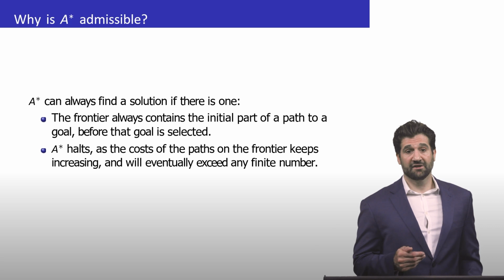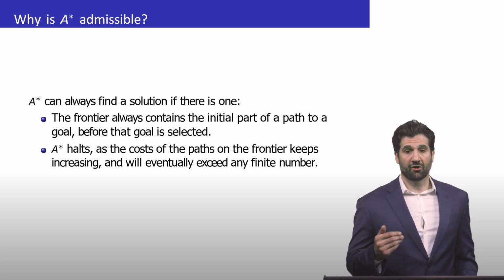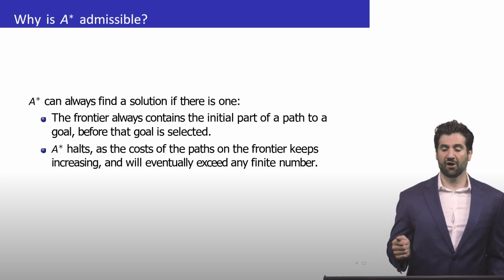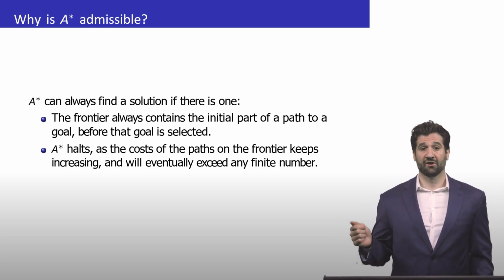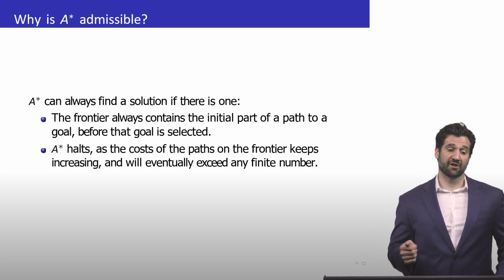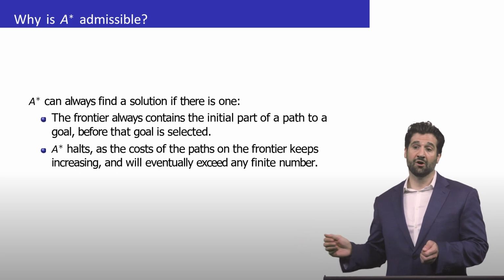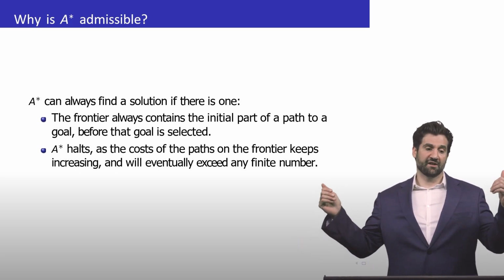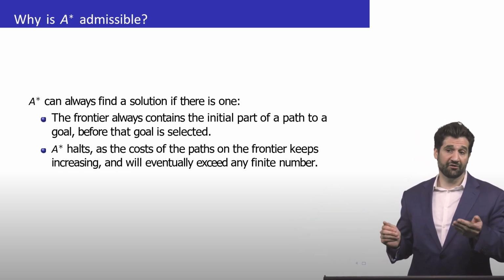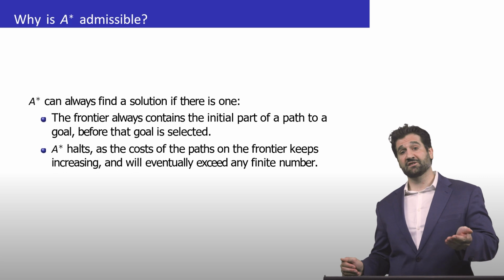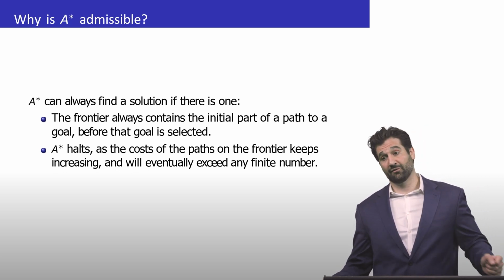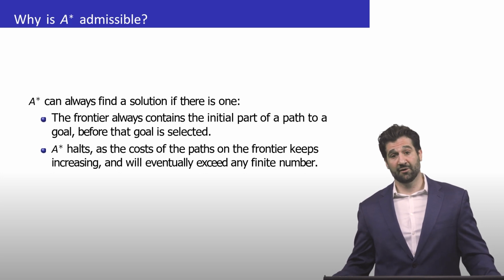When A-star halts, that means the cost of all the other paths to the goal are going to be greater than the one we selected, because when we reach the goal, we now have a precise value for the cost to that goal. Everything else in the frontier has an underestimate of how much it costs to reach the goal that is greater than the one we finally ended up with.